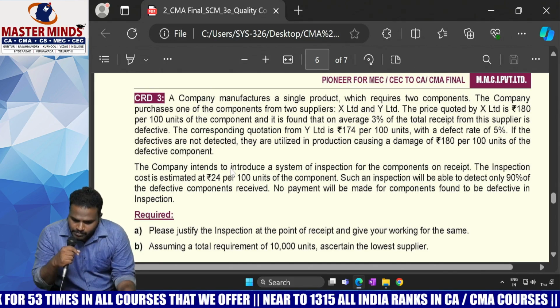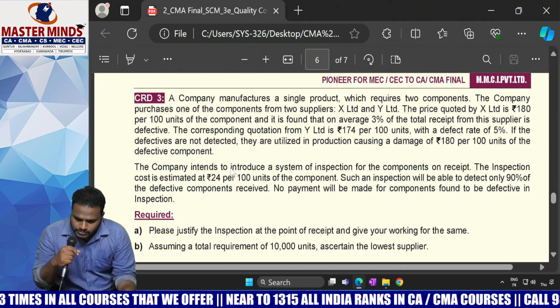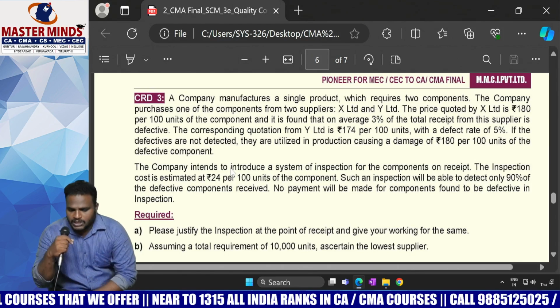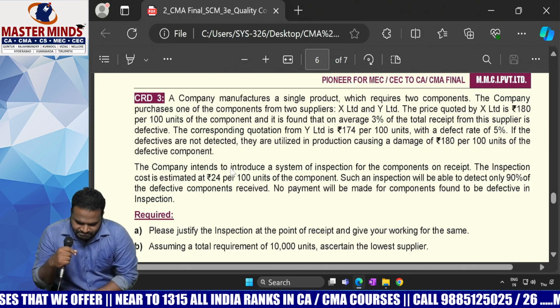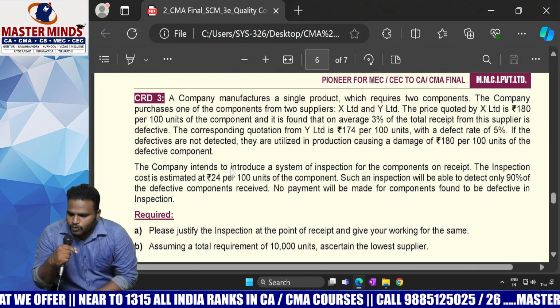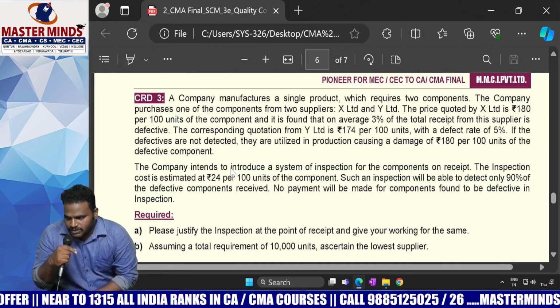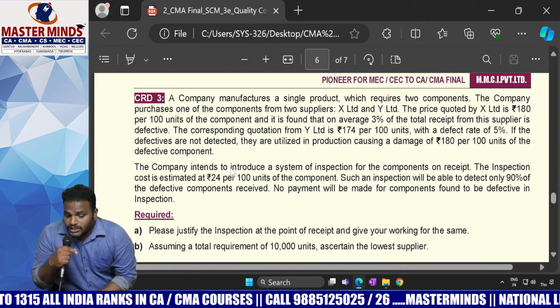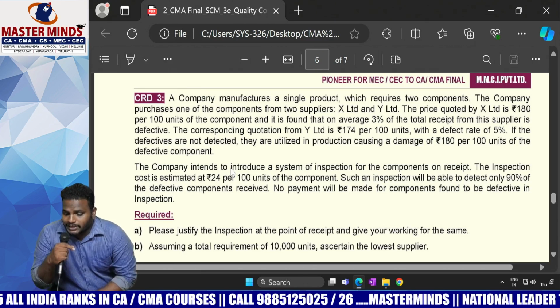Next. The corresponding quotation from Y Limited is rupees 174 per 100 units, that is 1.74 per unit. The defective rate is 5%, and the defectives are not deducted.